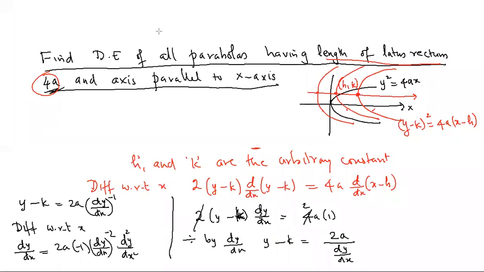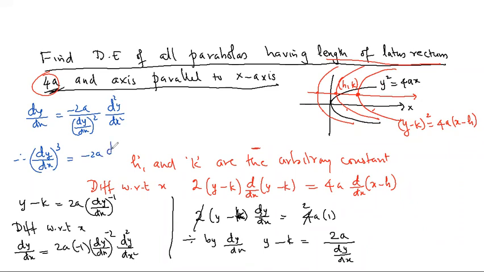So I can write the answer as dy by dx minus 2a upon dy by dx the whole square into d2y by dx2. Therefore, dy by dx the whole cube is minus 2a into d2y by dx2. Now make it equal to 0: 2a into d2y by dx2 plus dy by dx the whole cube equal to 0.